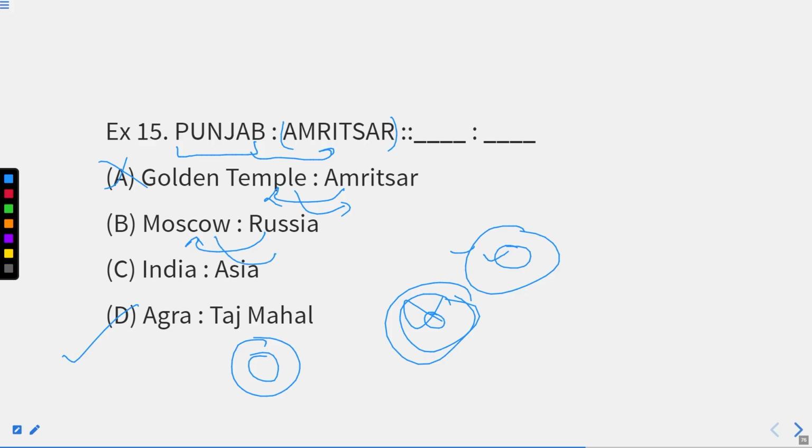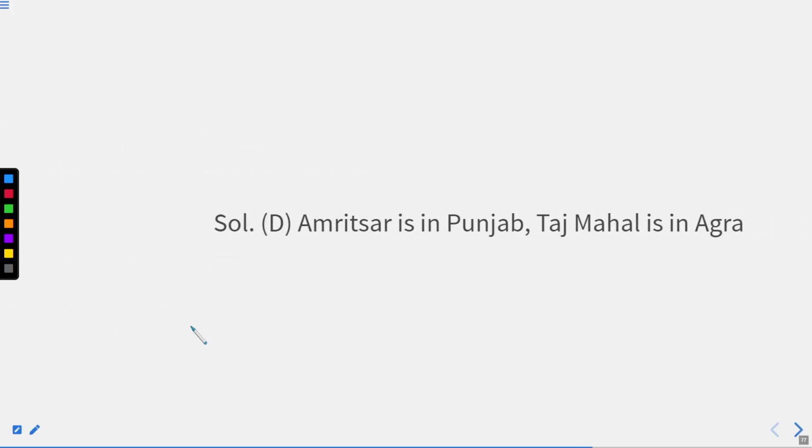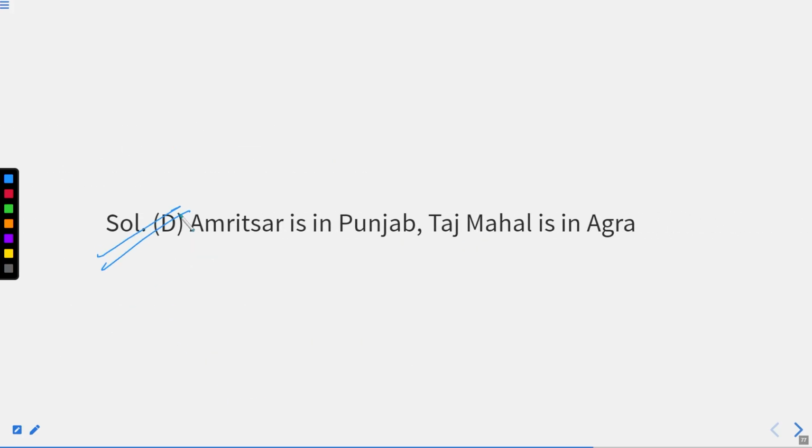Russia on this side and Moscow on this side, again this will be right. Asia on this side, India on this side, again it is right. But the correctly matched order is Agra and Taj Mahal. I hope you find it well. So option D will be your answer here as well. This is option number D. I hope this part is also clear to everyone.